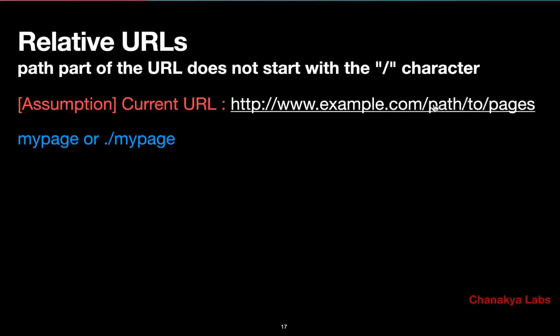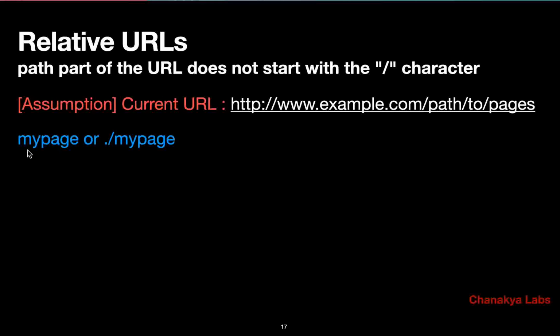Everything else separated by slashes, we will assume is a folder. So you can assume there is a path folder, inside it a to folder, and inside that a document called pages. Again, I am reminding you that might not be true, but for the purposes of resolving relative URLs, that is how you have to understand it.